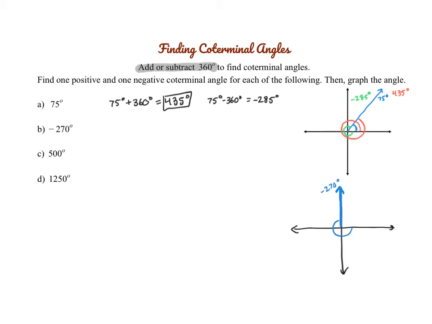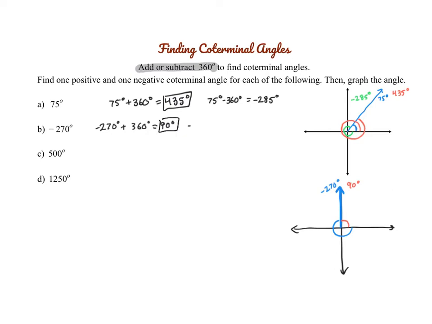So let's start by finding a positive coterminal angle. We can start by adding 360, and then we should get 90 degrees. Again, we can show that with our arc, so we can go like this. The red is how we draw 90, so from here to here. And then we need a negative coterminal angle.